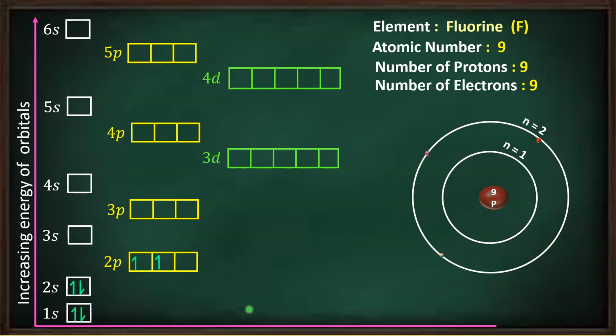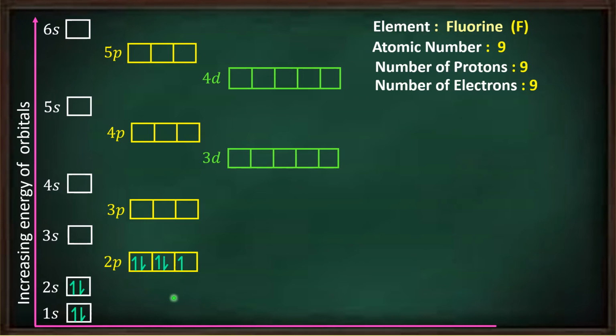Next, seventh electron enters into the remaining empty orbital. Next, eighth electron pairs up with this electron, and the last electron, that is the discriminating electron, the final electron, that is the ninth electron, enters into this orbital.